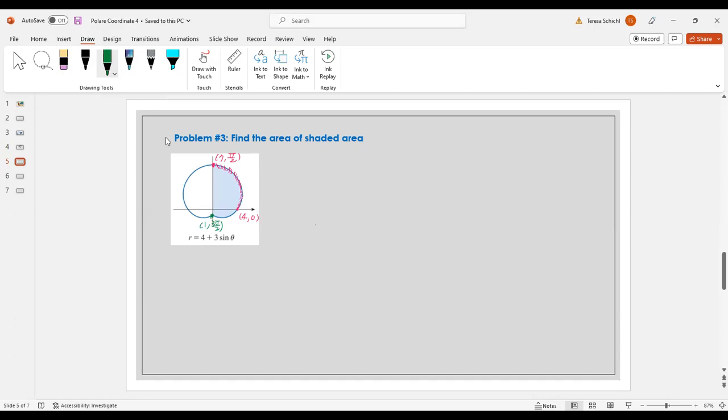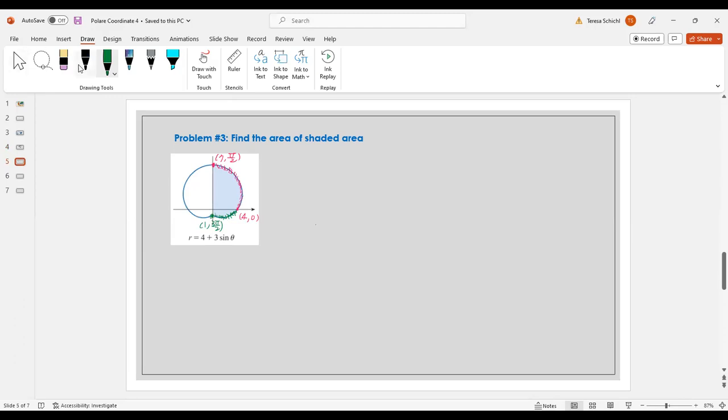So when theta turns here, for 3 pi over 2 to 2 pi, this area by the green one is from 3 pi over 2 to 2 pi.